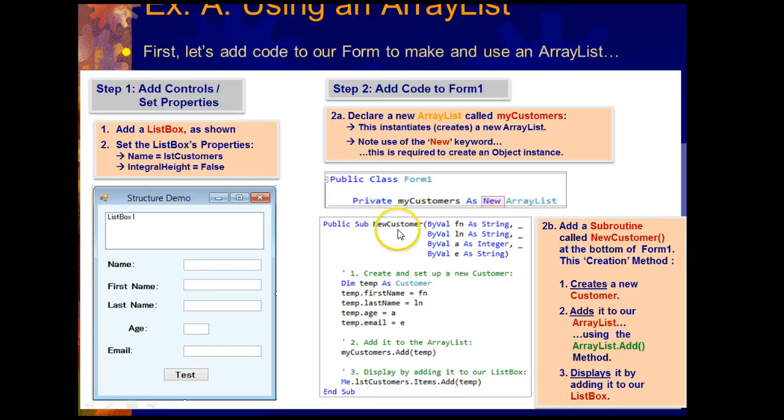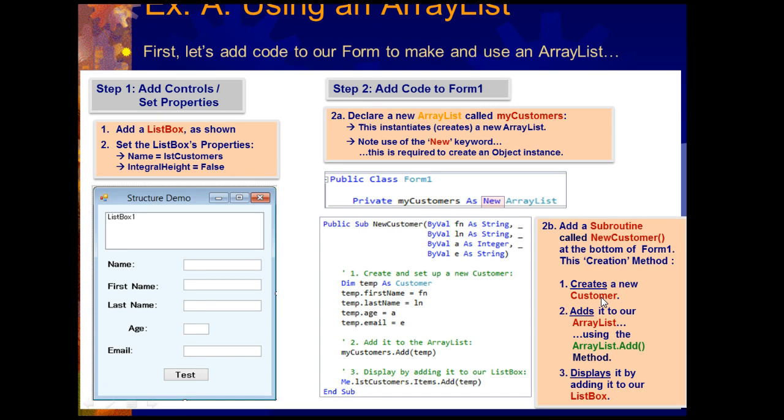And then, public sub new customer. We're going to create a subroutine called new customer, which will allow us to create a new customer. You put this new subroutine at the bottom of Form 1. We already have defined a structure called customer.